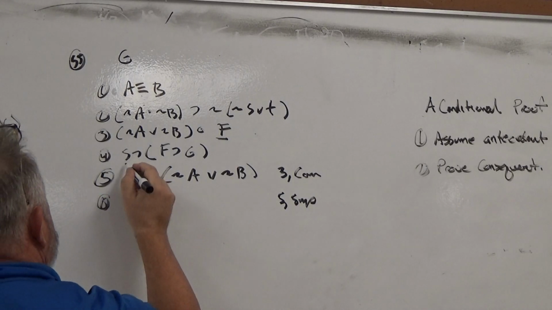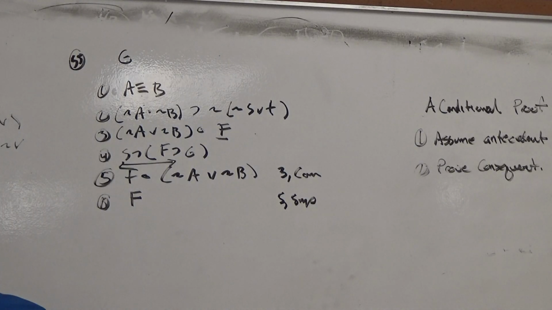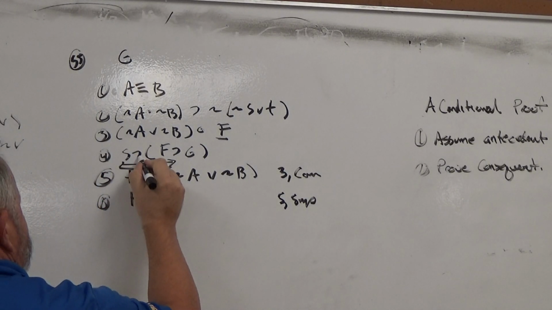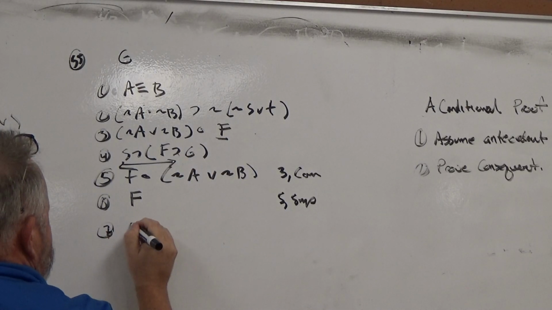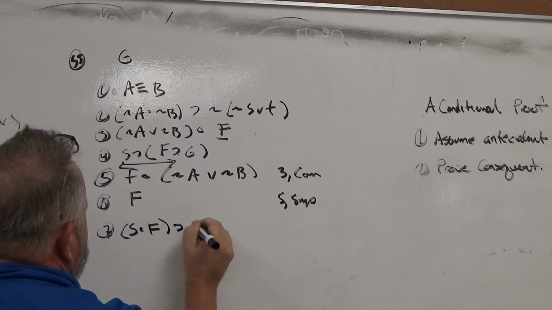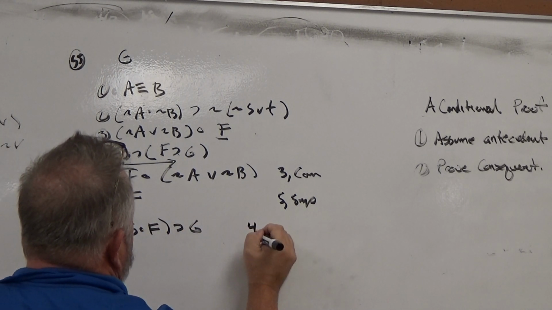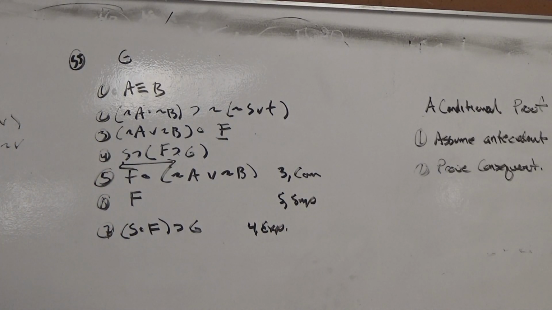So now I'm going to do something we haven't done very much, and that is I'm going to do exportation backwards. So this says if S, then if F, then G, which is the same as if S and F, then G, from 4 by exportation. Okay, we haven't used that very much.